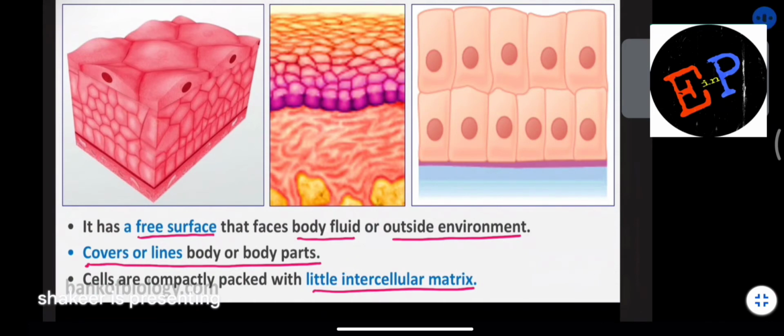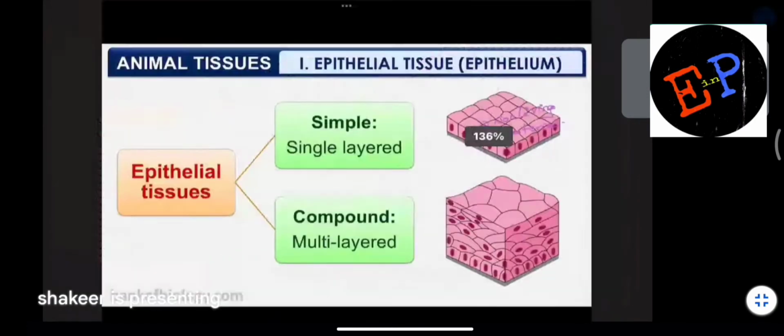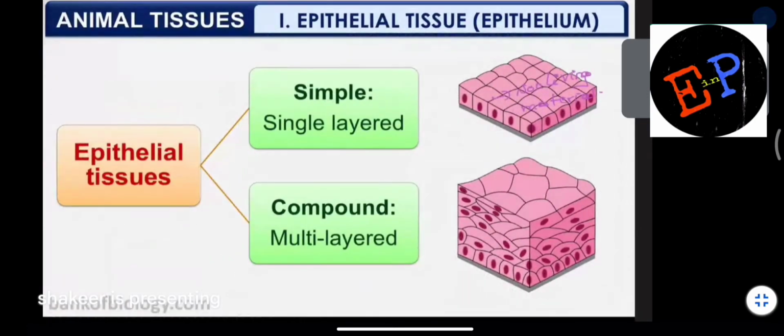So these epithelial cells are compactly packed, and between the cells you will find the intercellular matrix. Clear? Next, these epithelial tissues we can again divide into two types now.